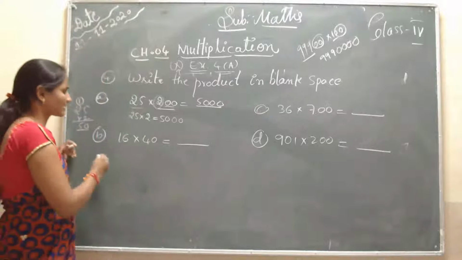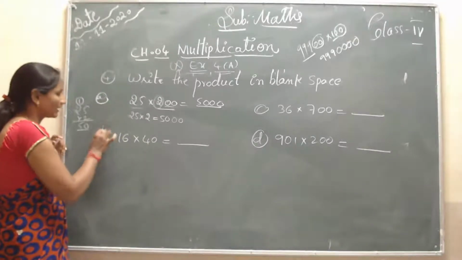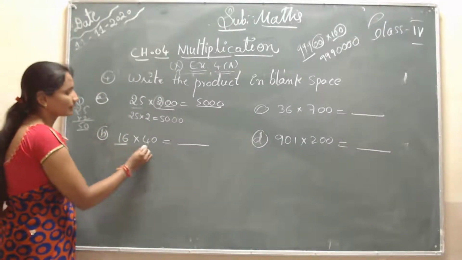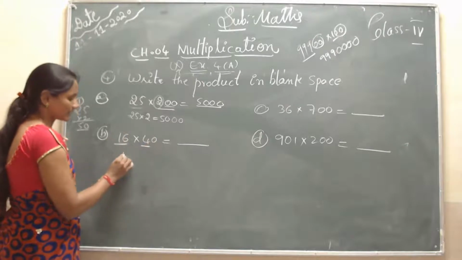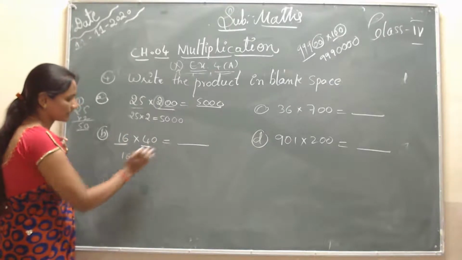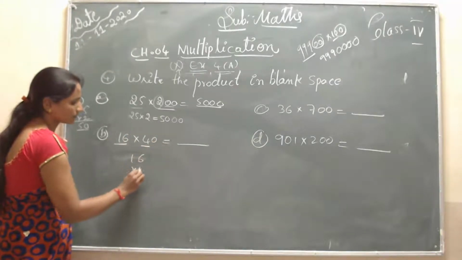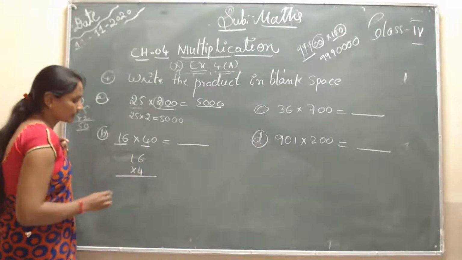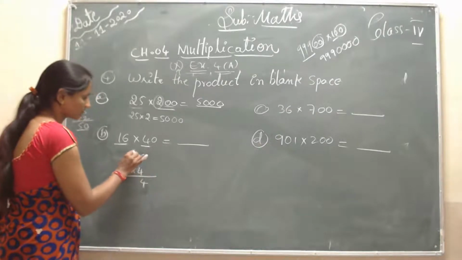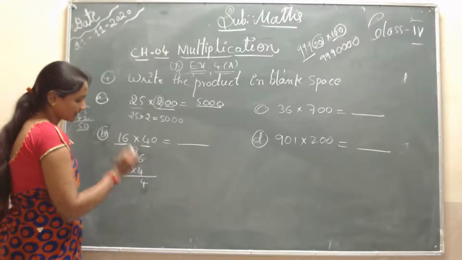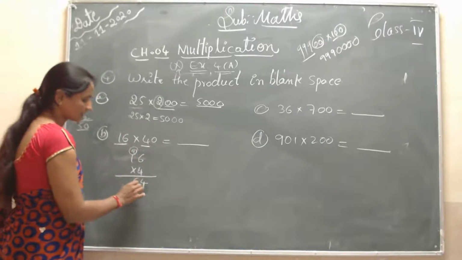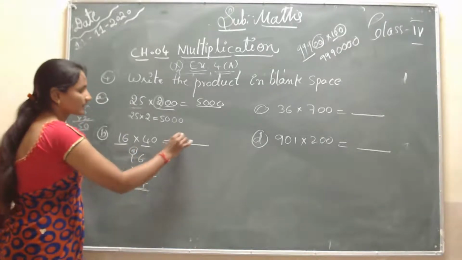Next, this is very much the same. You have to apply the same method. 16 into 4 first, with 0 left. 16 into 4, students, you know: 4 sixes are 24, 4 ones are 4, plus 2, 6. What is that answer? 64.